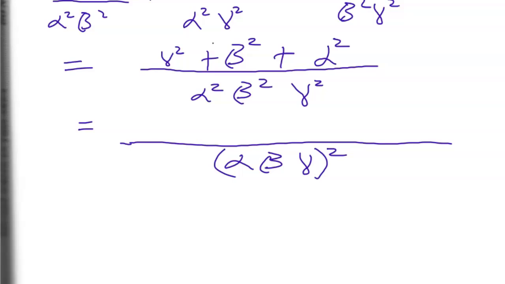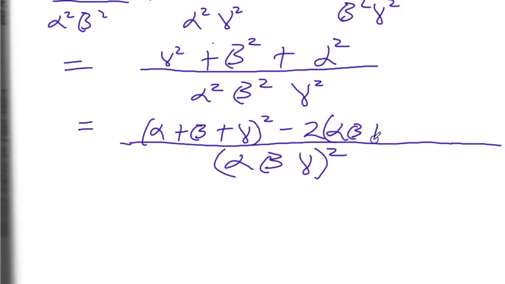So alpha square plus beta square plus gamma square is alpha plus beta plus gamma all square minus 2 times the sum of the products, alpha beta plus beta gamma plus alpha gamma.